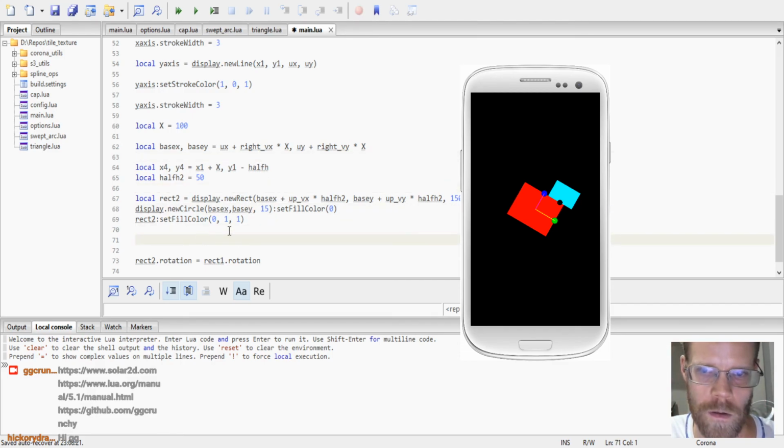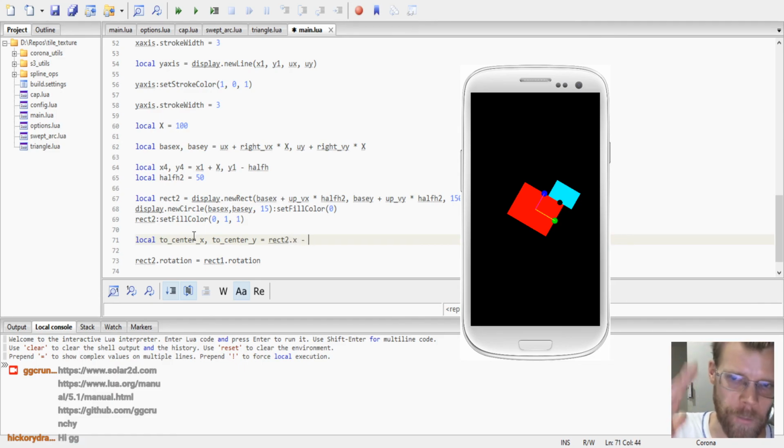My base was this, but I actually want to start from here. So center x to center y would go from the center of our second rect to, back, from that top point.